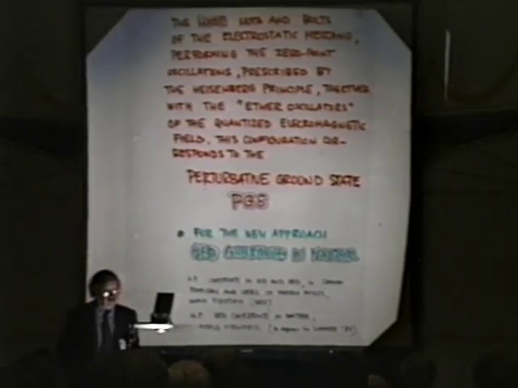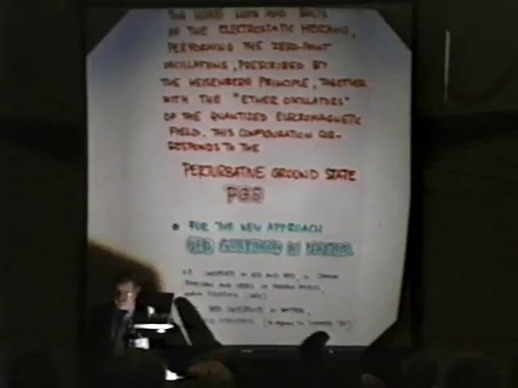They perform the zero-point oscillations around the position of stability, and the zero-point oscillation, as I said, is prescribed by the Heisenberg principle. And they make this zero-point oscillation together with the ether oscillators, which are a good representation of the quantized electromagnetic field in what is called the perturbative ground state, PGS.